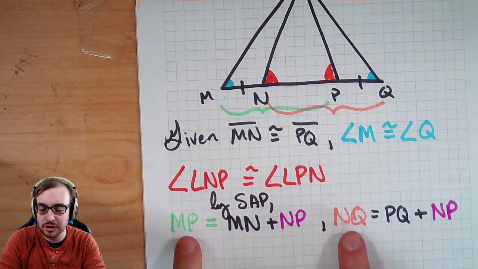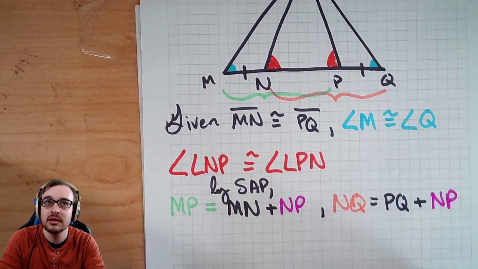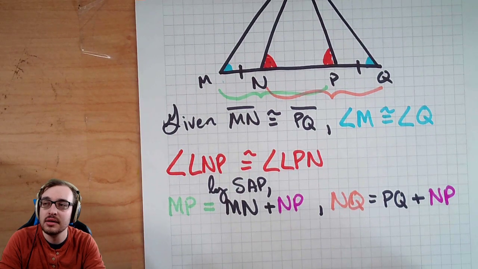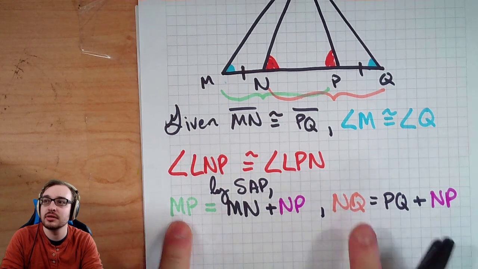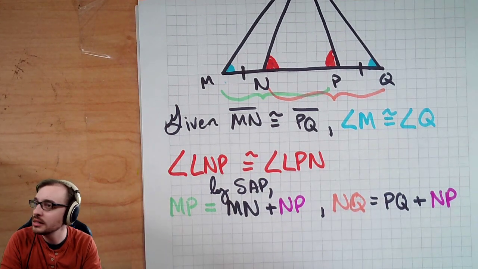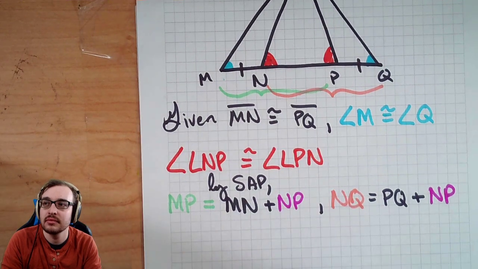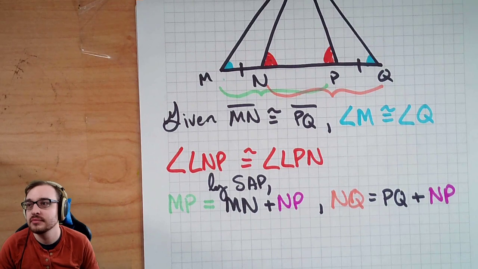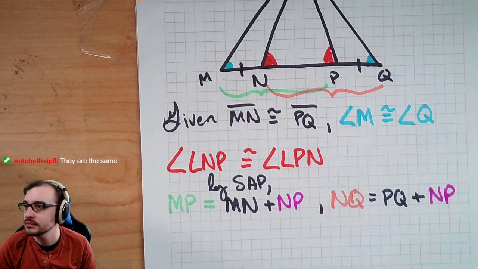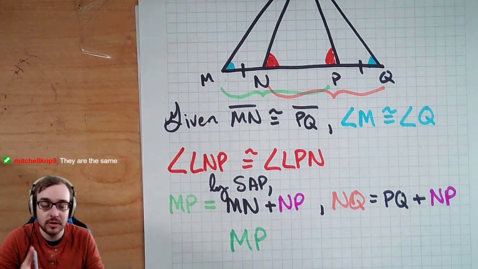What does that tell you about the relationship between mint and peach? How do they relate? Exactly. They both equal the same thing, so they equal each other.